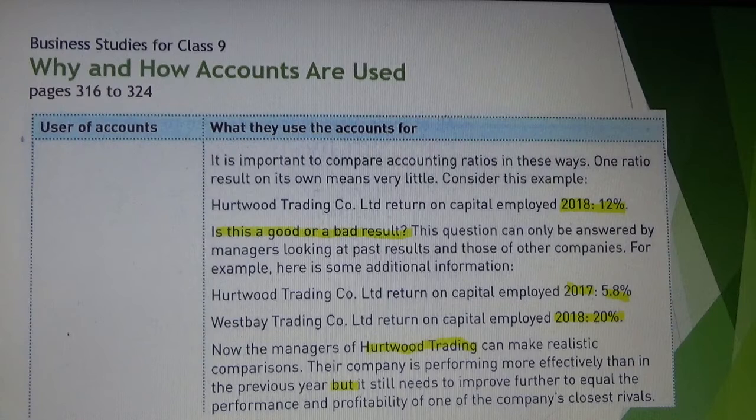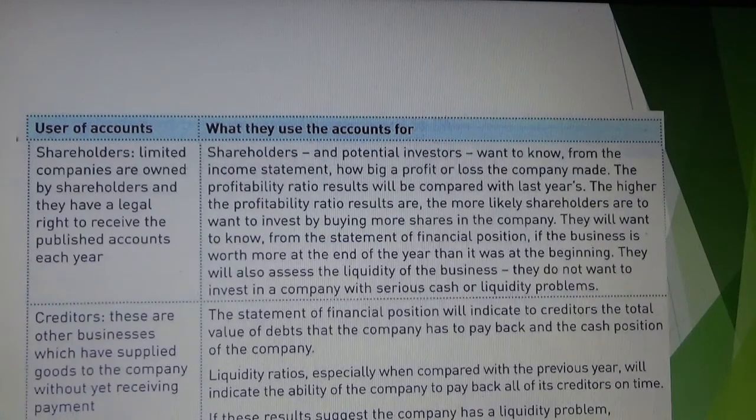In this case, it is very clear they have seen that they have the ROCE 12% only, same year. With another company, it's 20%. So it's obvious that they have to improve further to equal the performance and profitability of one of the company's closest rivals. They could monitor these ratios.